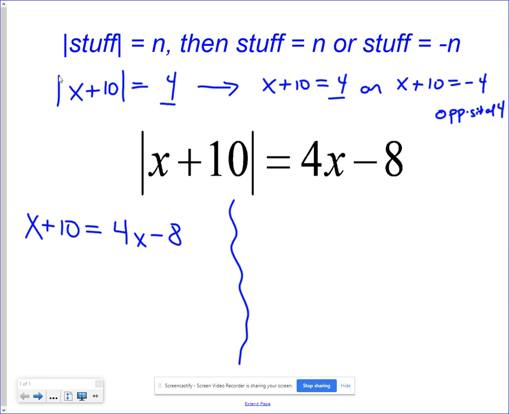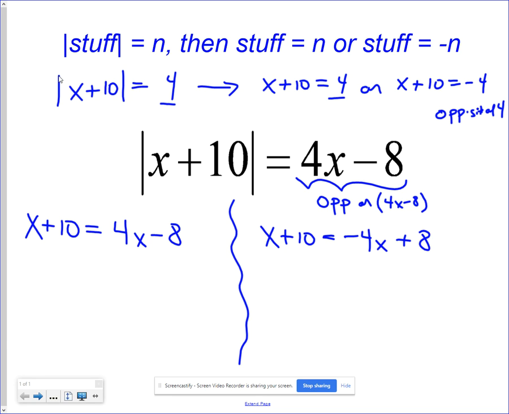So when we write our second equation, we're going to go x plus 10, and set that equal to the opposite of 4x minus 8. So that would be negative 4x plus 8. Notice I changed the signs of both of these terms.